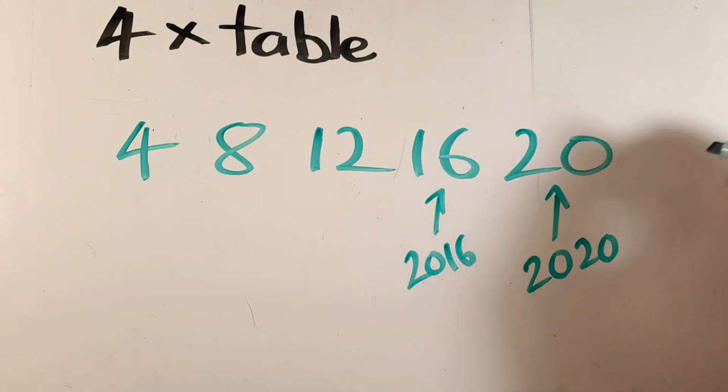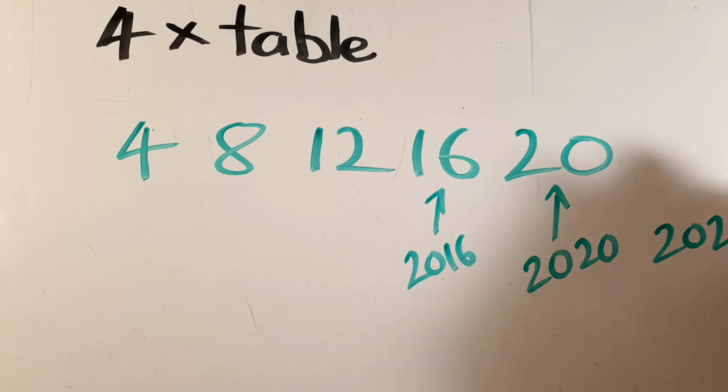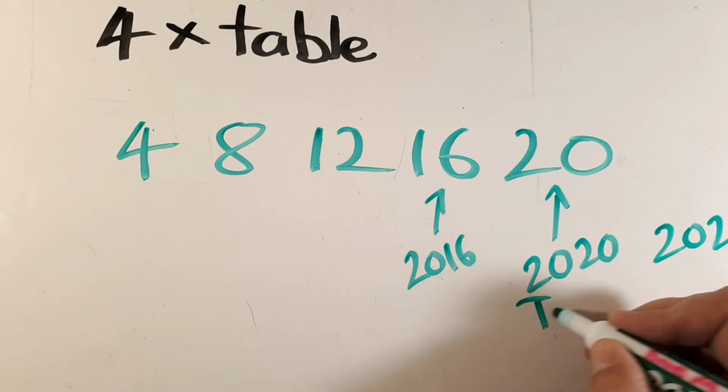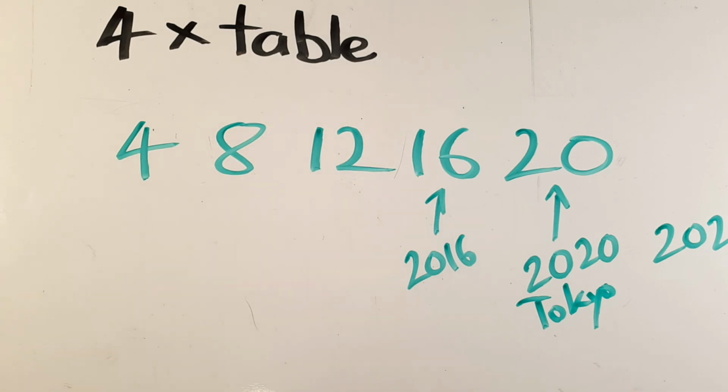The next one, of course, will be in 2024. This one is Tokyo, I think, and I can't remember where the 2016 one was, but you get the idea. So the 4 times table matches the leap years as well. So that's another little tip to get your head around the 4s.